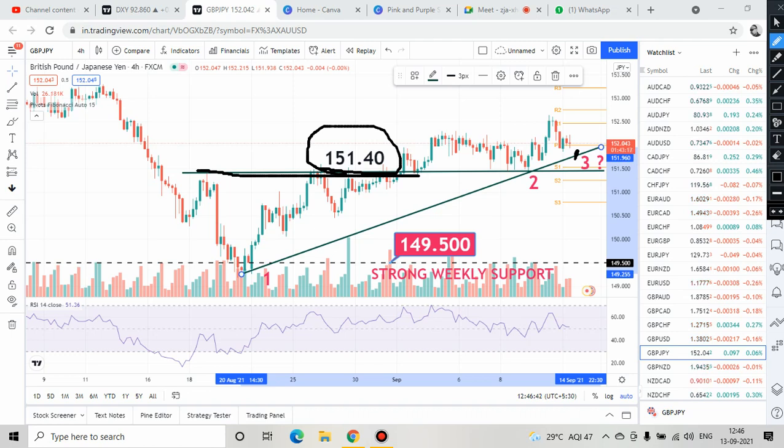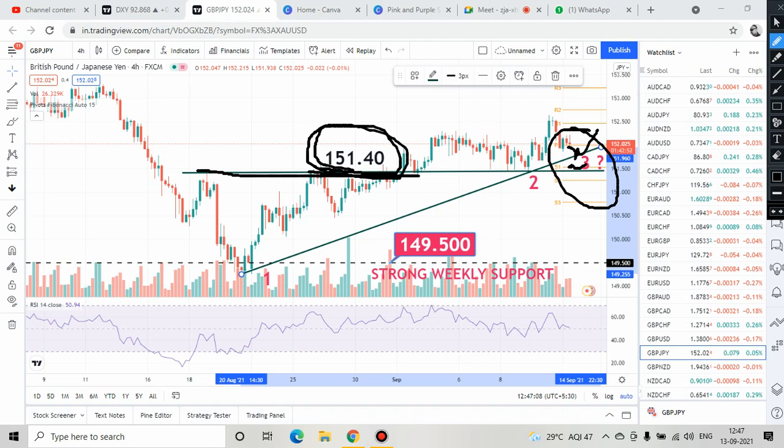So in case the market fails to take support at the trend line, the next immediate support is available at 151.40. The market should bounce from either the 151.40 level, the second support, or from the trend line. These two are the price levels for the chart right now.